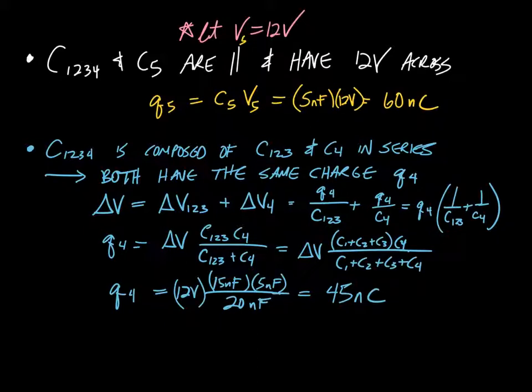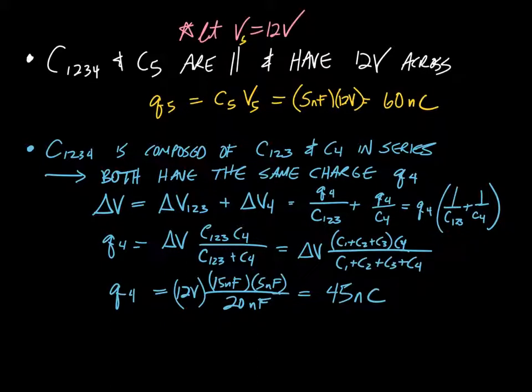Well, if capacitor 4, which is a single capacitor, has 45 nanocoulombs on it, and that same number of nanocoulombs is on the network for C123, which consists of 3, then each one of those capacitors has a third of the 45.